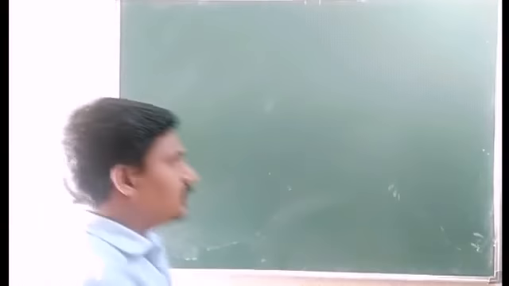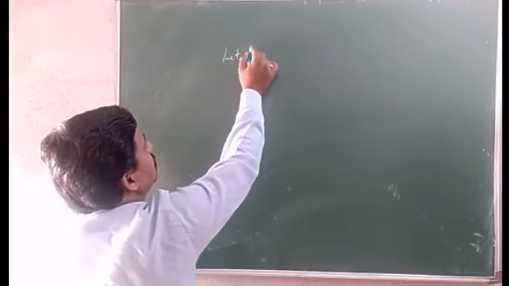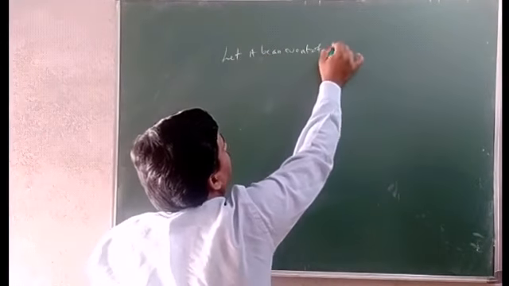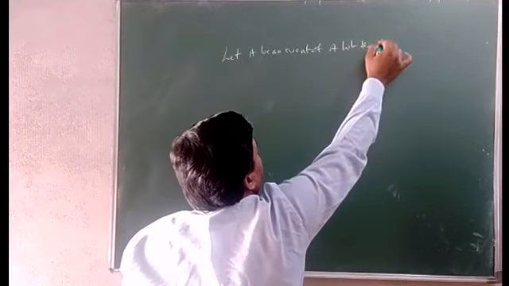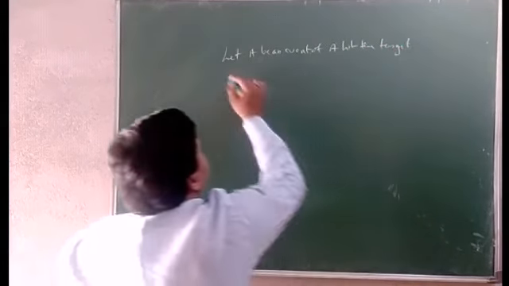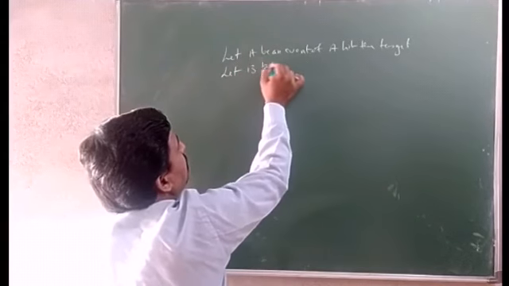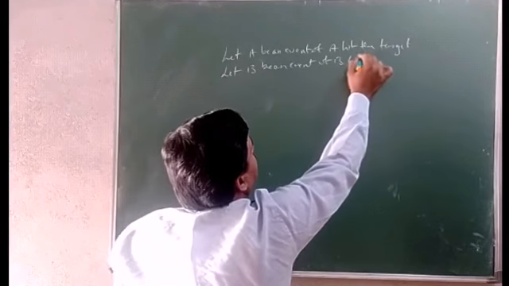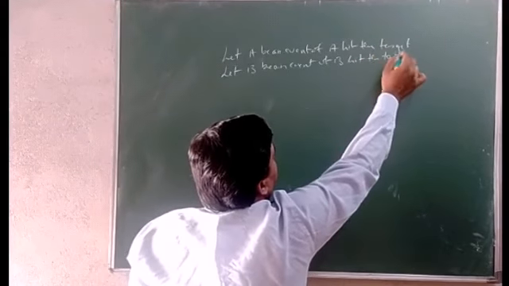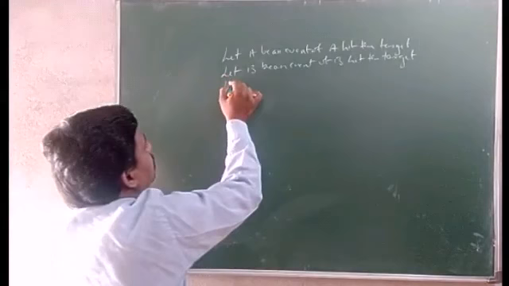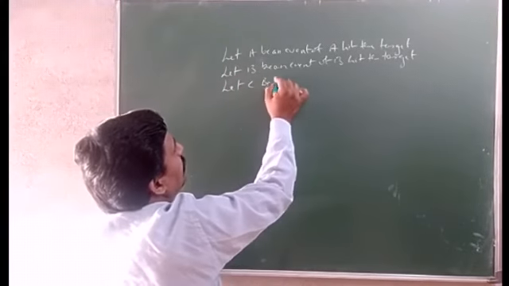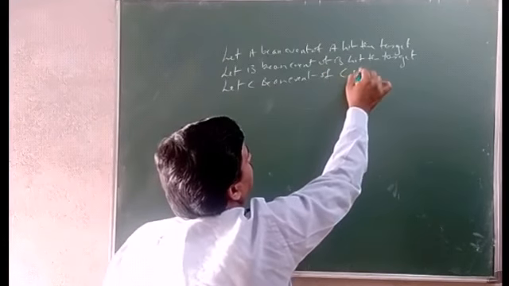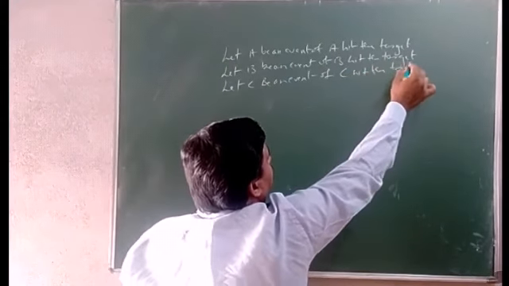So again, let us take here, let A be an event that A hit the target, and let B be an event that B hit the target, and let C be an event that C hit the target.